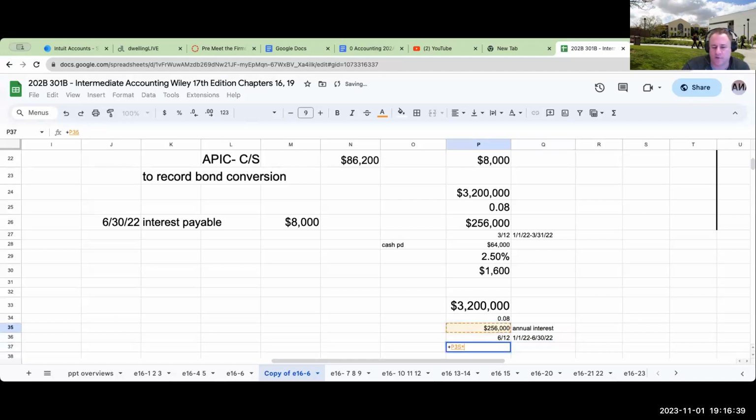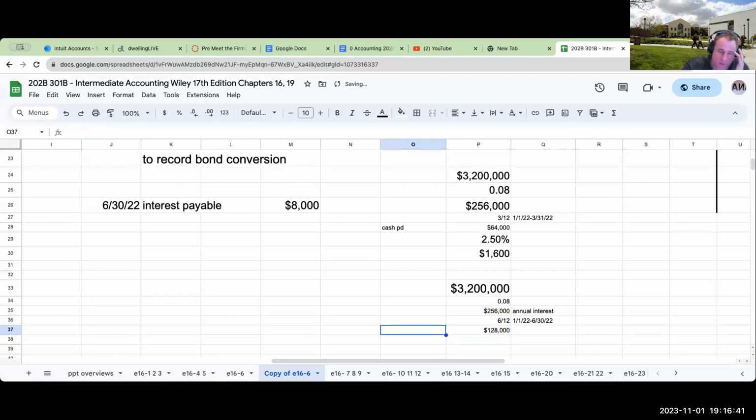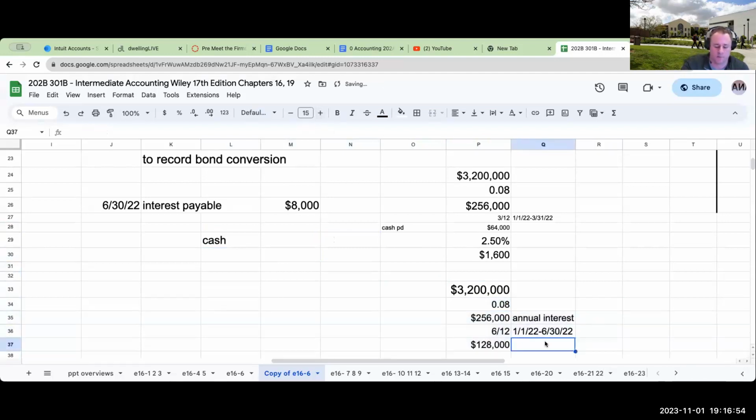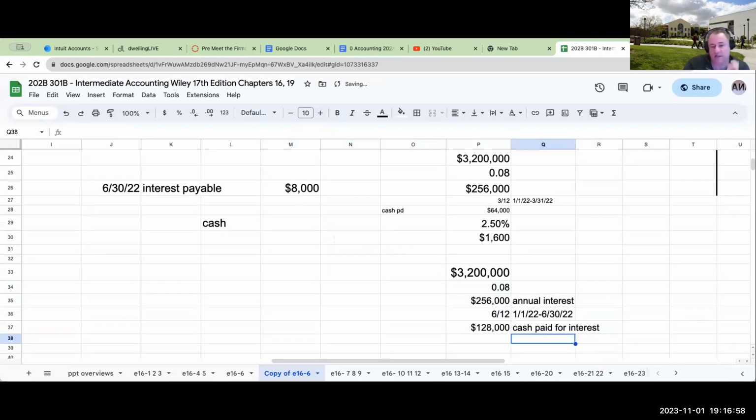So this is going to be 256 times 0.5, or 128,000. So my cash being paid out, I got that wrong. This is basically for the bonds that were outstanding. So my cash paid for interest right over here is 128,000, and this is on the 3.2 million.